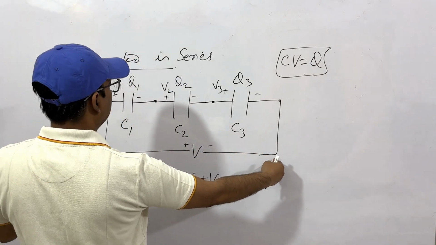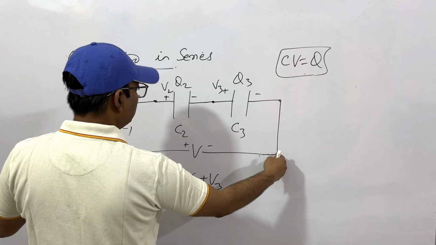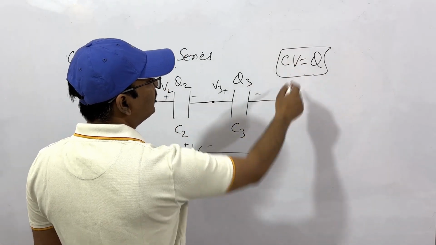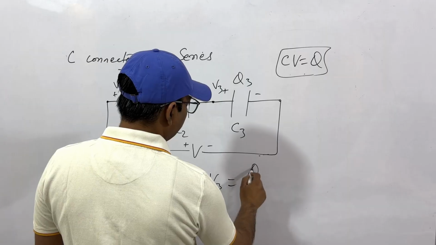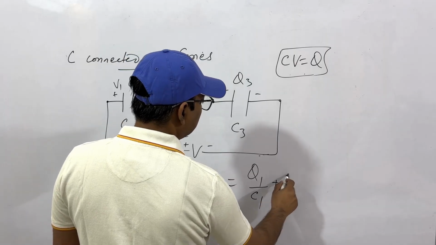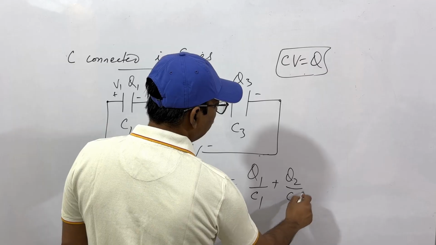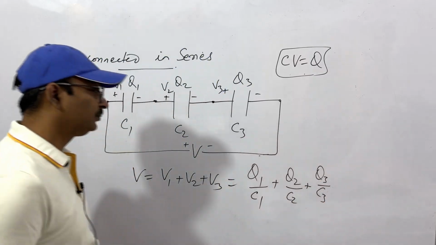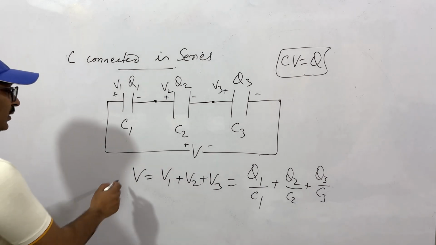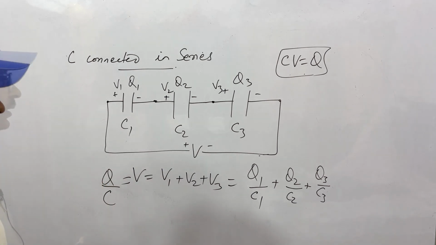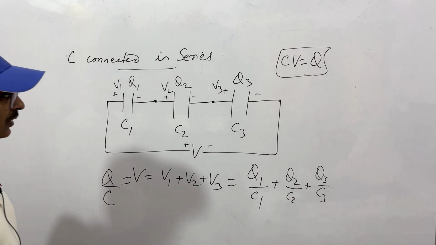This is total V. So this plus this will be equal to this. And from here, what you see? V is Q by C. That is, it will be equal to Q1 by C1 plus Q2 by C2 plus Q3 by C3. And for V, you can write it is Q by C, net capacitance. This is clear up till now.